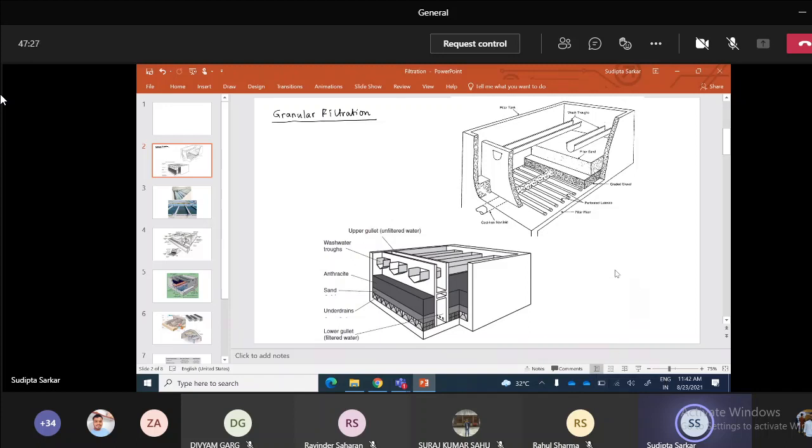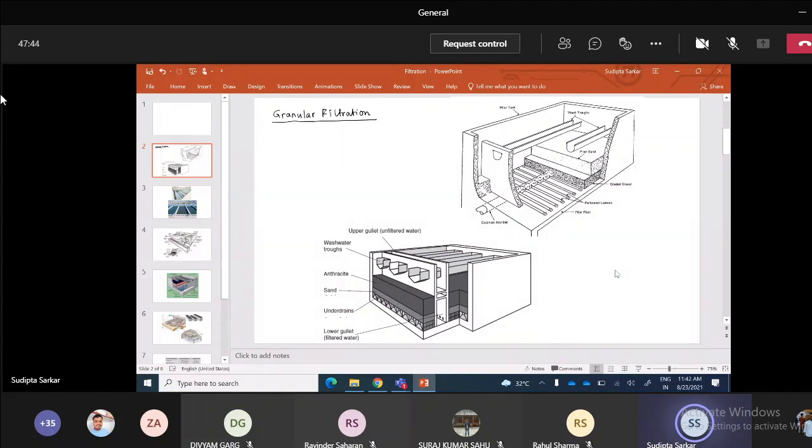So we are not going to talk about the membrane right in this particular lecture, only granular filtration. But again, after this filtration chapter, we'll move over to the membrane-based filtration.